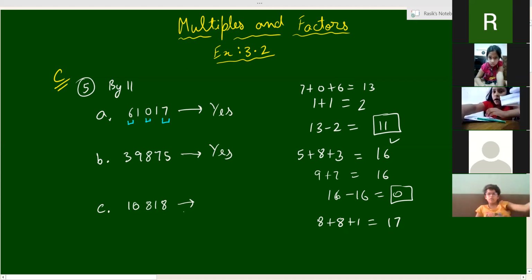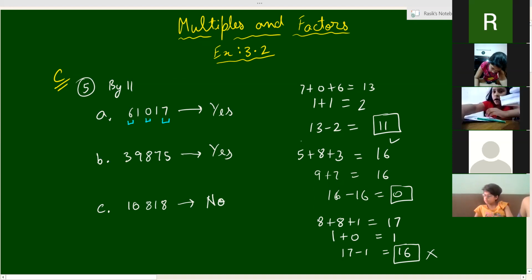Sum of the digits at even places, 1 and 0. 1 plus 0 is 1. 17 minus 1, the difference of the two sums is equal to 16. 16 is not a multiple of 11. So therefore the answer is no. C part answer is no. Have you all understood?